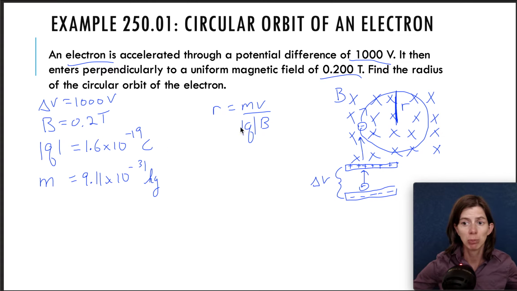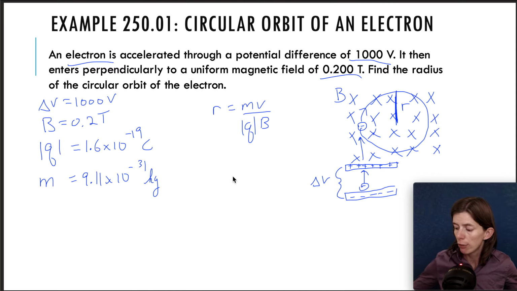This goes back to a problem from the previous chapters where we can find v by looking at the potential difference that was accelerating our electron. Do you remember the equation that's going to give us the final speed, assuming that it's starting from rest, once the electron has gone through this potential difference? The way that we were solving these problems is by looking at conservation of energy.